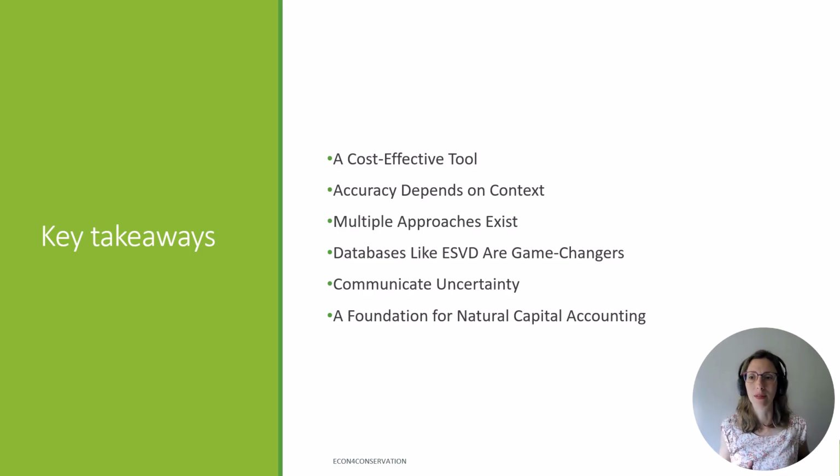We have seen unit value transfer, which is quick and simple, but then we have the adjusted value transfer, the benefit function transfer, and the meta-analysis, which is the most advanced and reliable when data rich. The ESVD makes it easier to apply benefit transfer systematically and transparently, reducing manual data collection time.